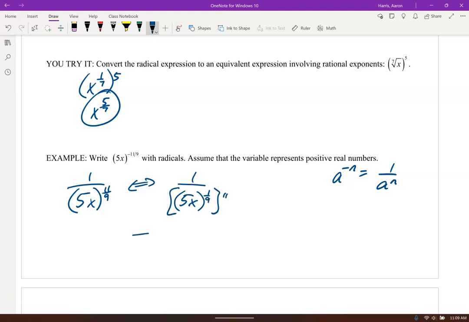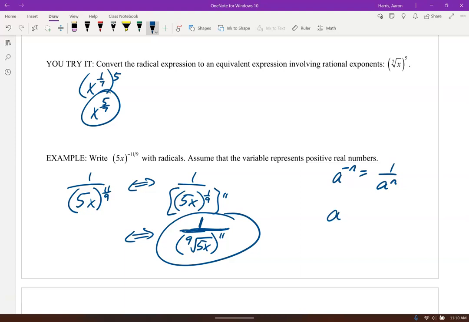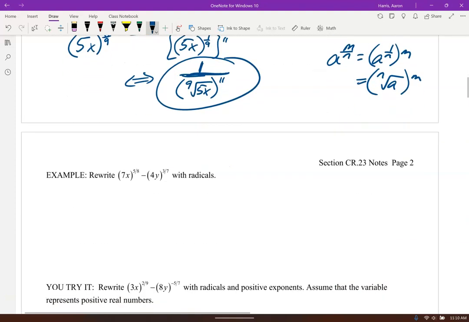In other words, 1 over the 9th root of 5x to the 11th. That's how you could put that in radical notation. Because again, a to the m over n is a to the 1 over n to the m. In other words, the nth root of a to the m. All right, for those properties.